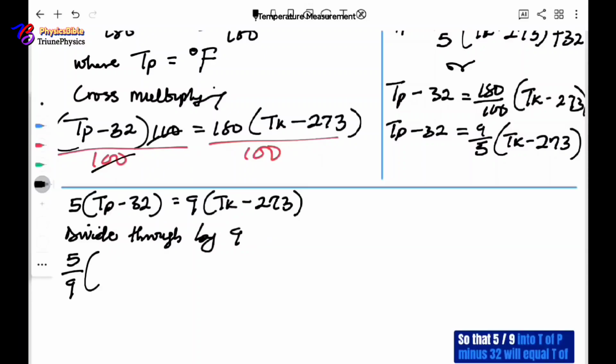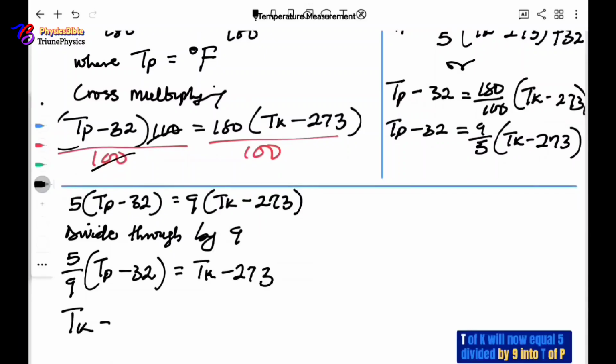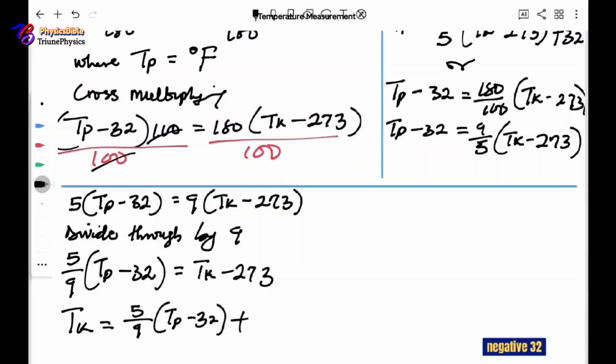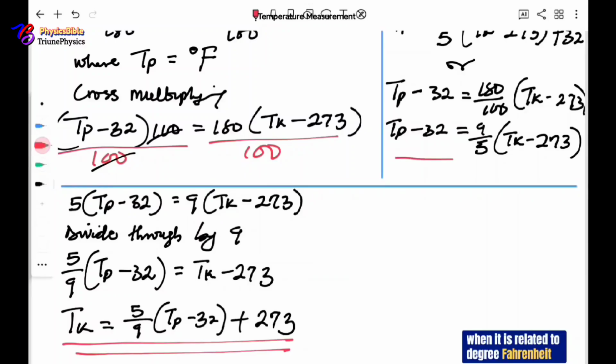So that 5 over 9 into T of F minus 32 will equal T of K minus 273. Is that clear? T of K will now equal 5 divided by 9 into T of F minus 32 plus 273. Take note of this. If you're asked to find T of K, you use this when it is related to degree Fahrenheit.